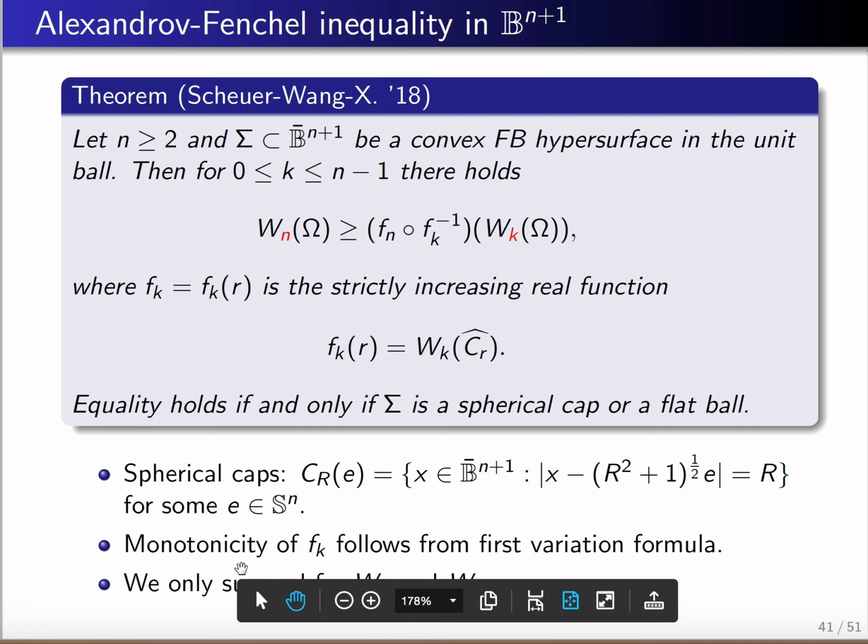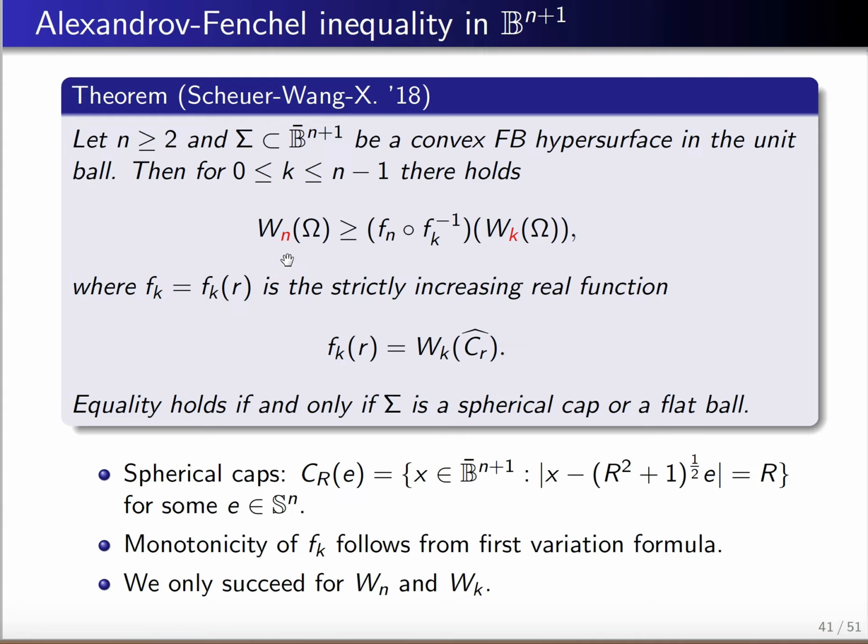Okay, so the monotonicity of Fk follows from the first variation, so that this Fk inverse exists. Notice that we only succeeded in proving this Alexandrov-Fenchel inequality for Wn and Wk. We want to get the general result, that is, for any Wk and Wl, you have such an Alexandrov-Fenchel inequality. But we only succeeded for Wn and Wk.